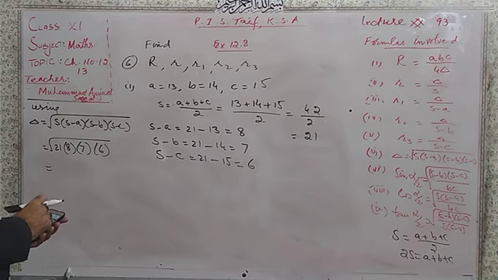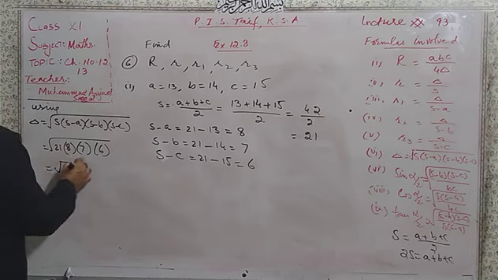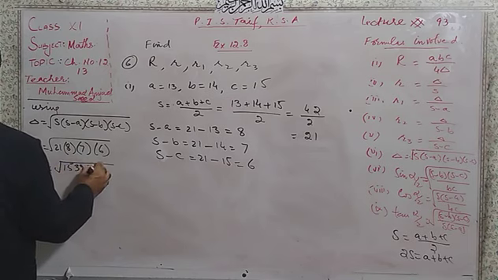In square root, we will have 21 multiplied by 56 multiplied by 6. That will be equal to 1539.745.